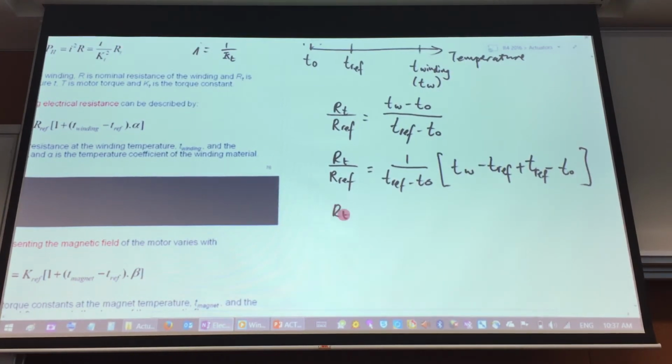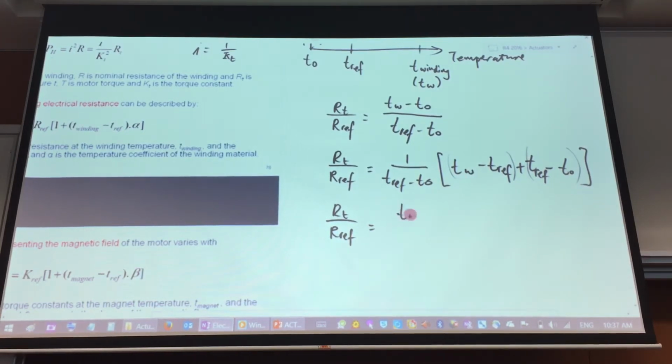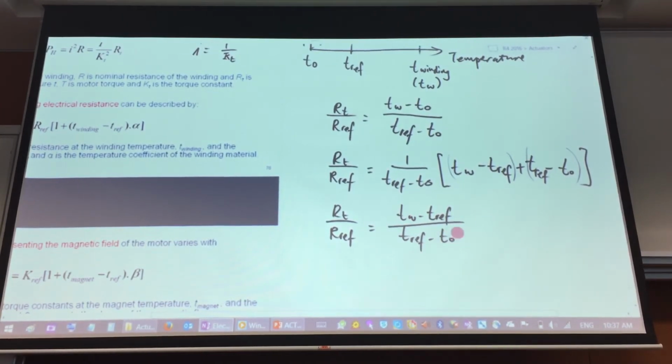Now my RT over R ref can be simplified by taking this part and that part in that way. So what I'm going to have is TW minus T ref over T ref minus T naught, plus 1.